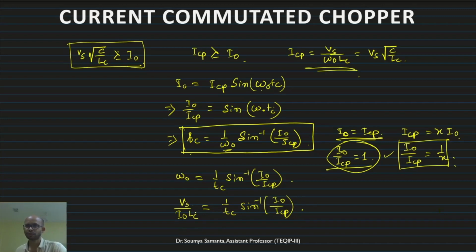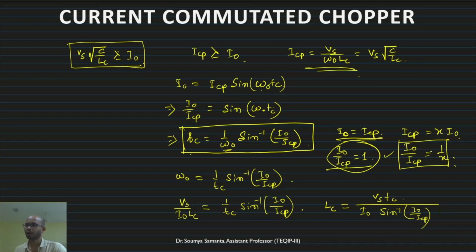Now our objective is to find the Lc value. Lc will be Vs into Tc by I naught into sine inverse of I naught by ICP.